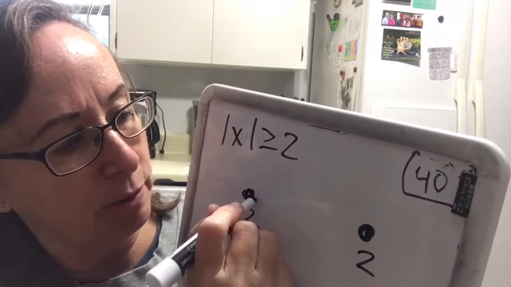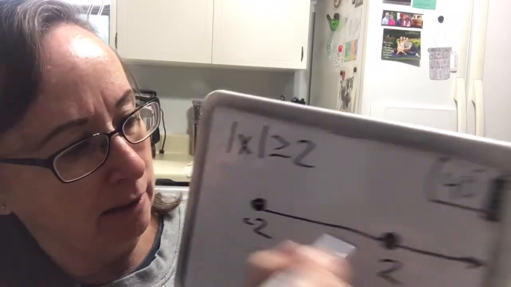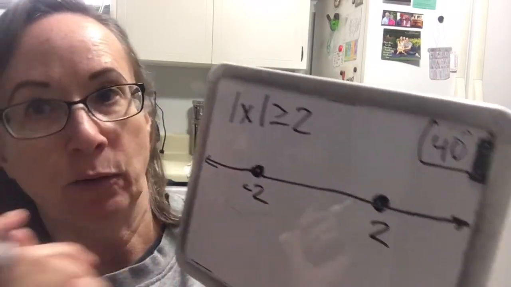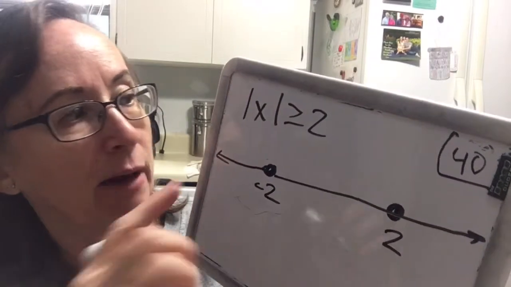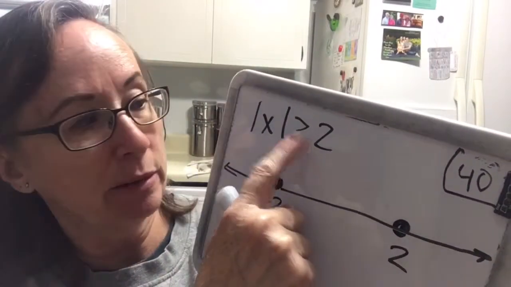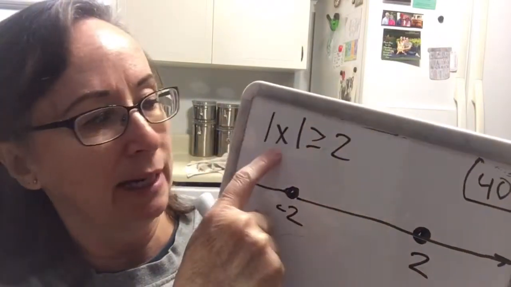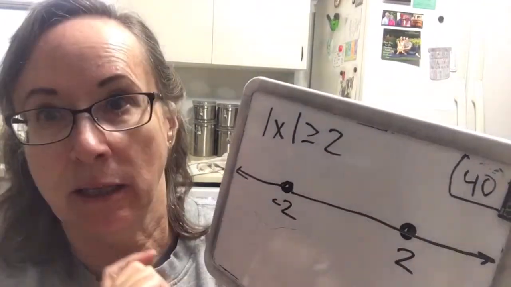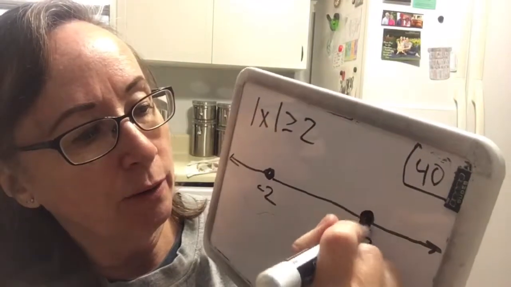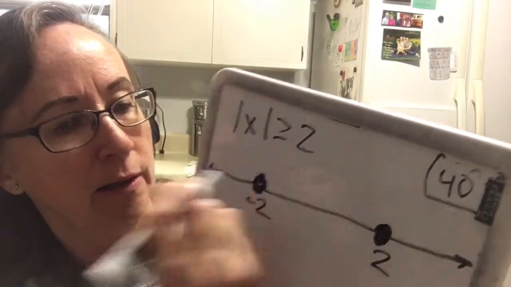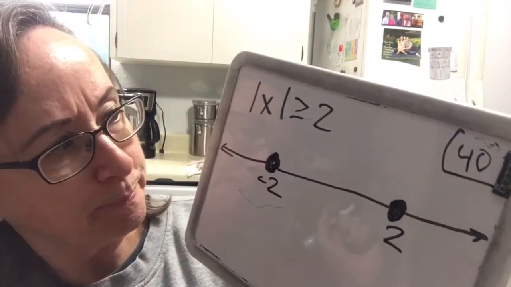And let's go through our analysis again on our number line and see where we have solutions. Okay, well, because of the greater than or equal sign, if I have a 2, it is going to be equal to a 2. And if I have a negative 2, it is going to be equal to a 2, isn't it? So these two are in the solution set.